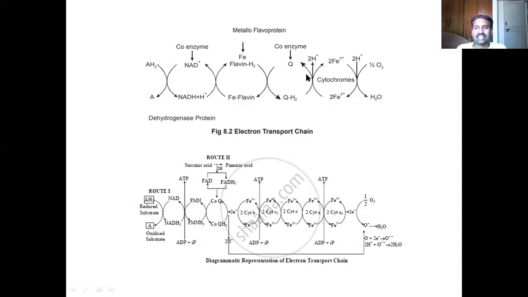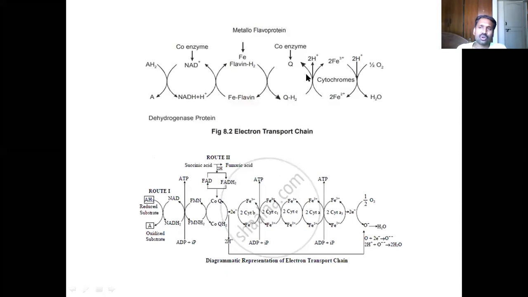NADH plus oxygen, O2, plus H plus. Yes, correct. That's what I meant. It gives rise to NAD plus water, H2O. So that net reaction is the same. Is it not? Nothing else has happened.